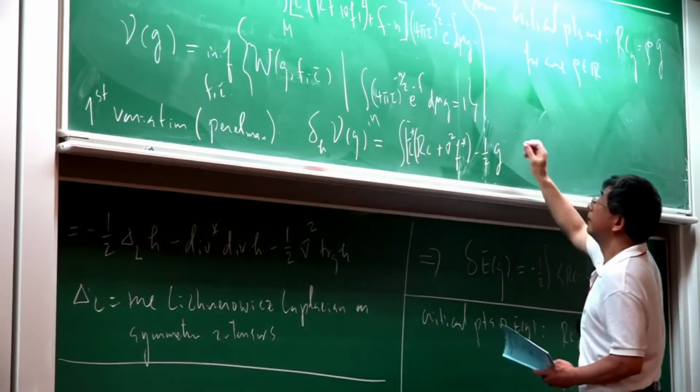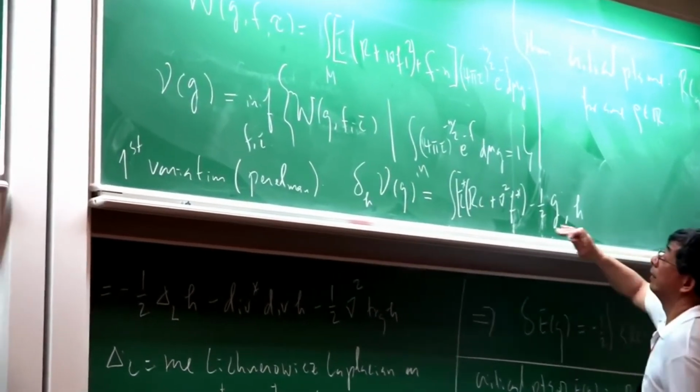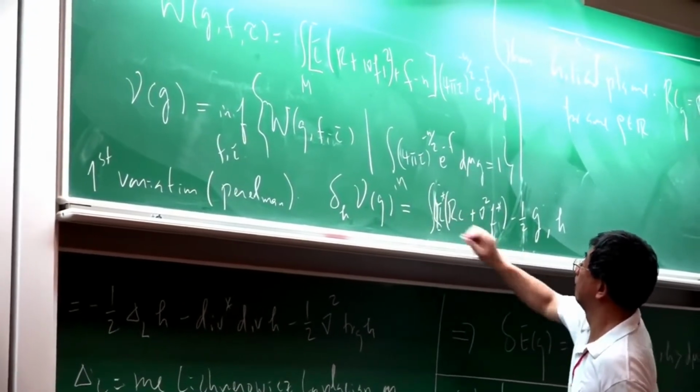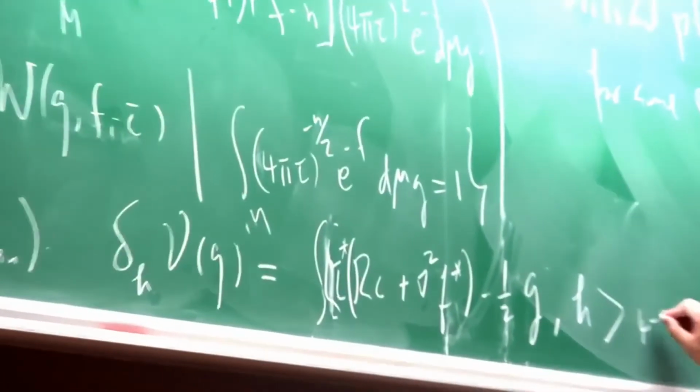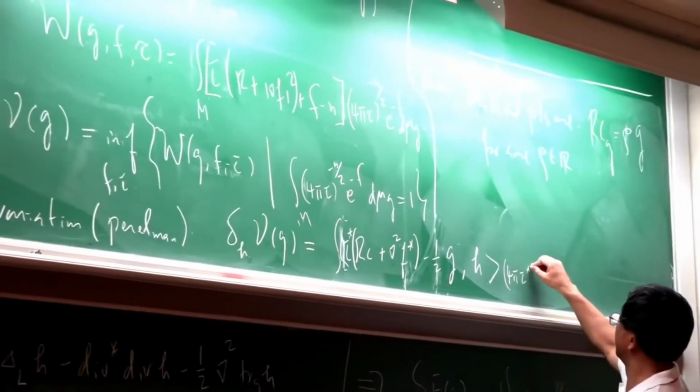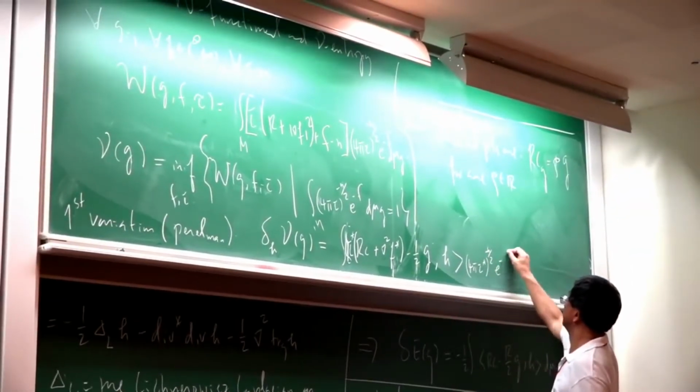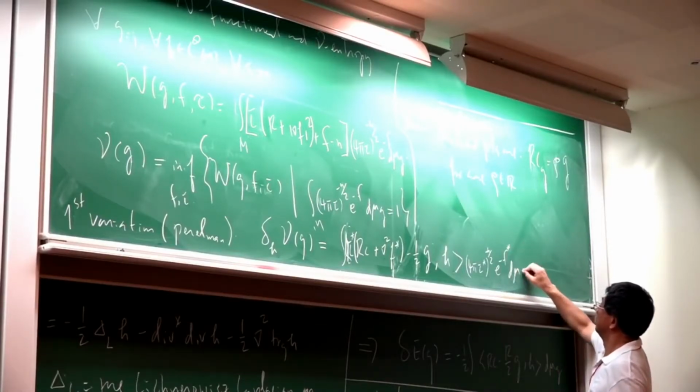You get the inner product with the arbitrary first variation, and you get 4 pi tau star to the minus n over 2 e to the minus f star d mu g.